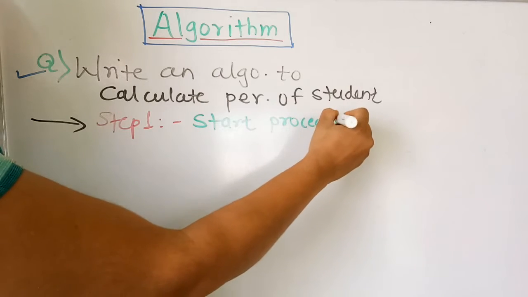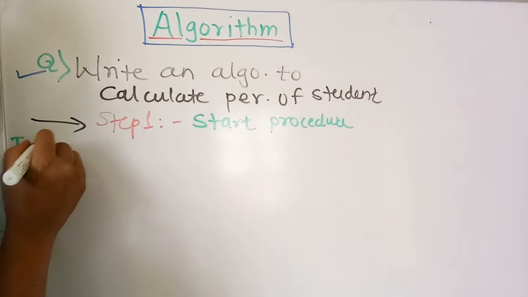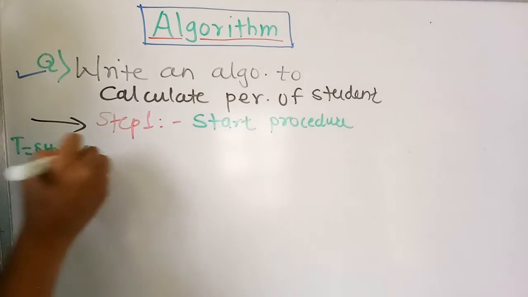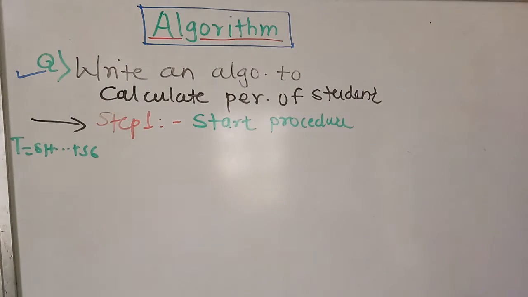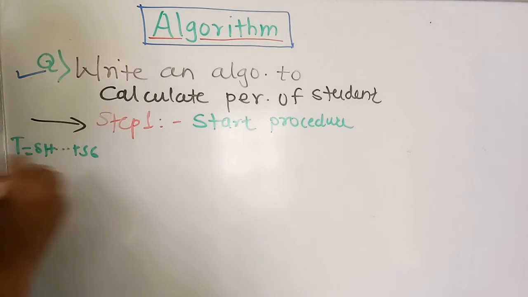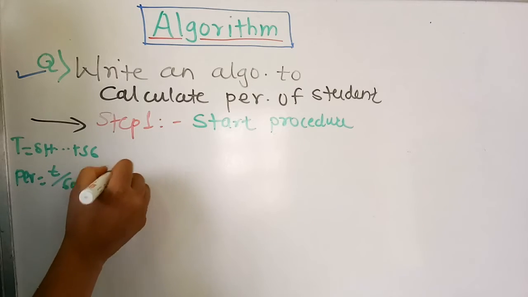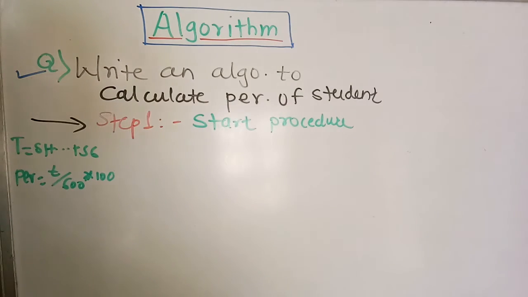Then what is the actual formula? We will calculate the total of subject 1, subject 2, and so on up to 6. Means we will take the 6 subject marks, then calculate the percentage. How will we take the percentage? Total divided by 600 into 100 is nothing but the percentage. Simply we have to convert these formulas into steps.